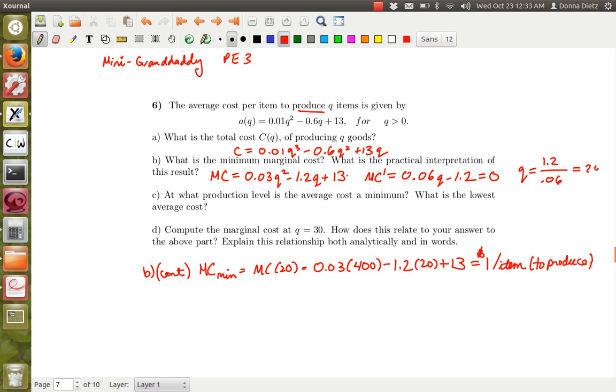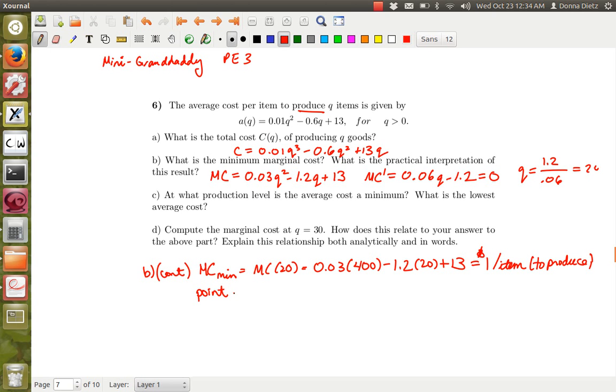Now, what is the practical interpretation of this result? It's like that story with the donuts, except when we were buying. There are certain times in the buying process where the first donut's more expensive, but you can buy them in bundles, so maybe the 7th donut is cheaper or whatever. What this is saying is there's a certain cost of production, and when you get to this point, this is the point of cheapest production.